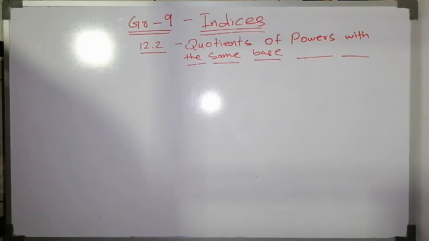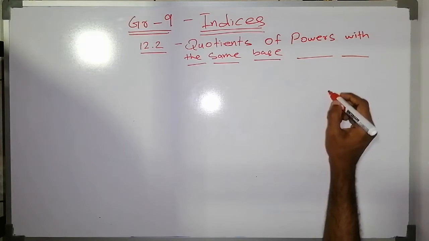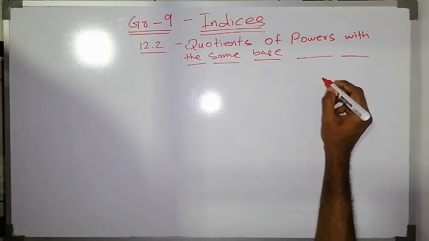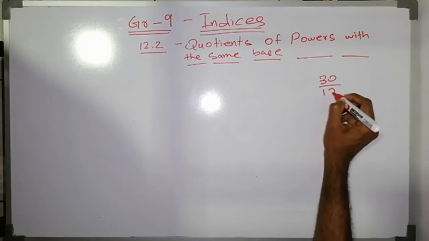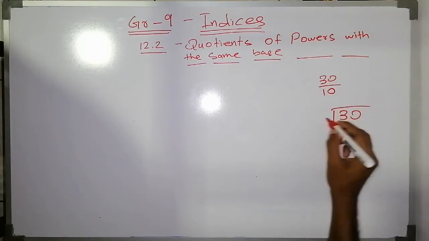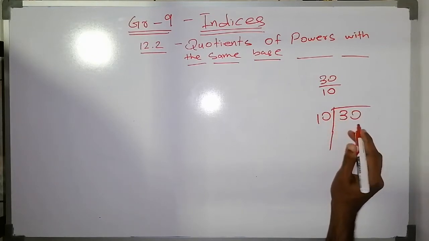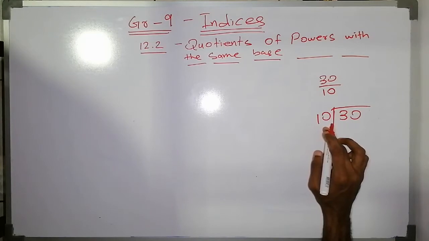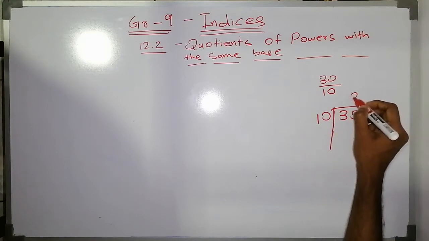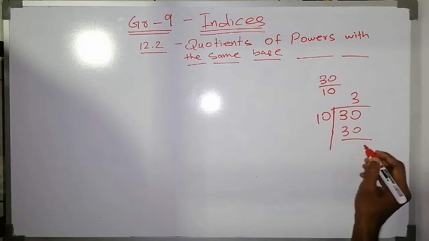What is meant by quotients? If you divide 30 by 10, how many times does it go? 3. So 3 times 10 is 30.